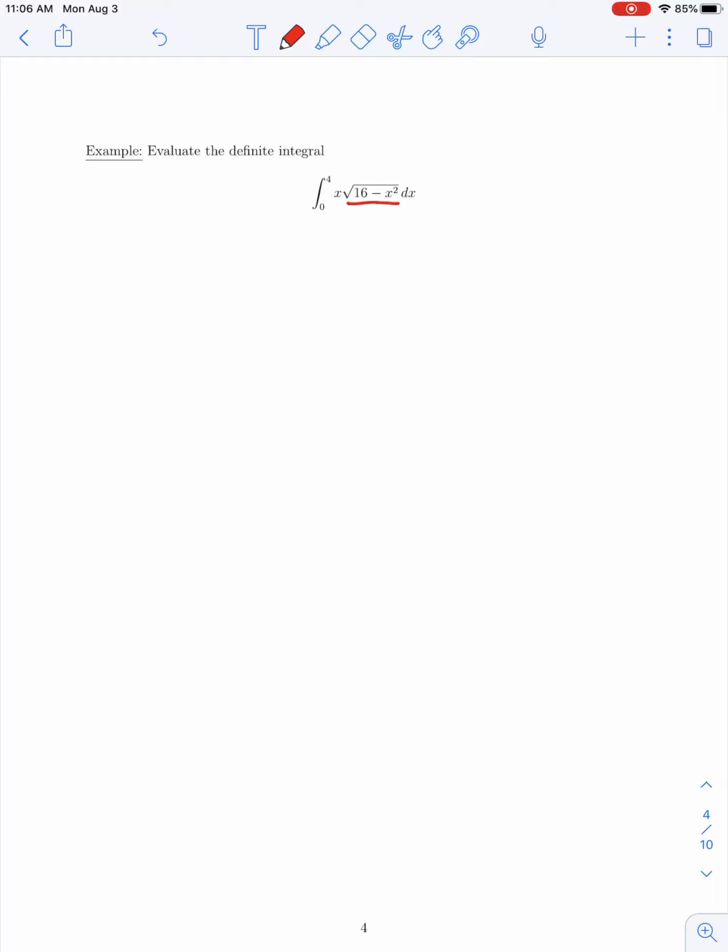So anytime that we see a composite function, if we can't use some other approach, it typically suggests using a substitution. So we're going to make a choice for u, the variable that we want to substitute for. And again, it's typically chosen as the inner function in a composition. So in this case, our inner function was 16 minus x squared.